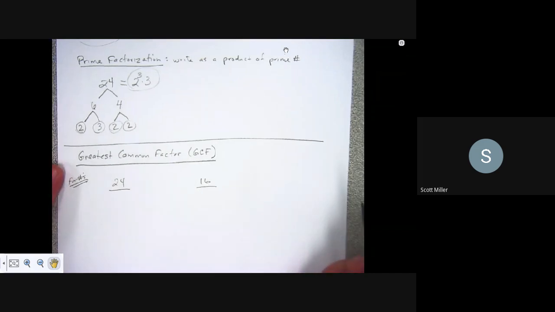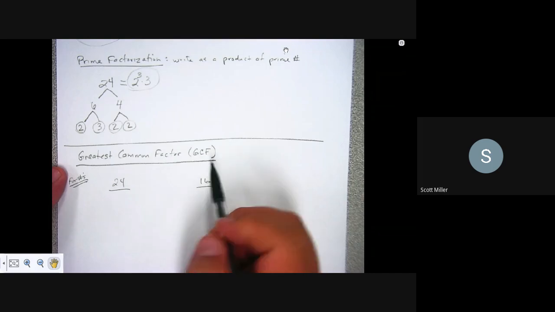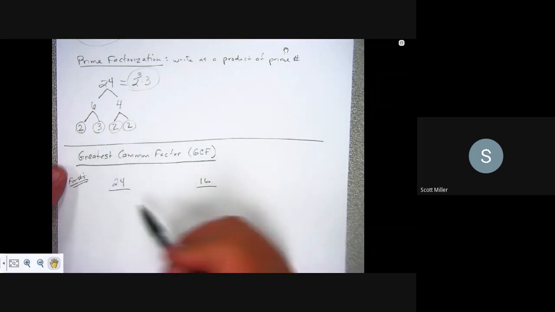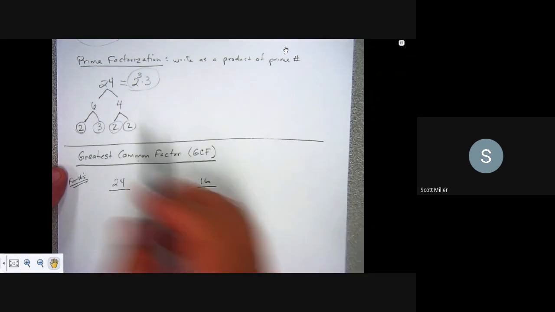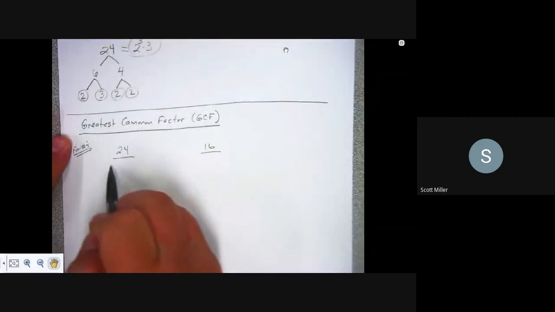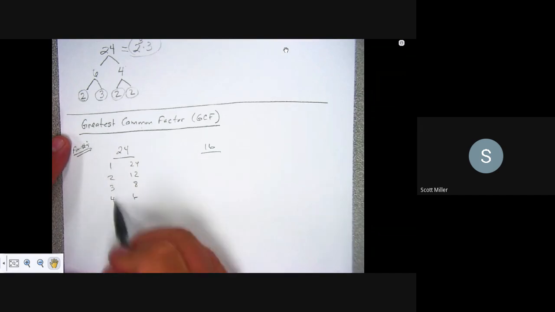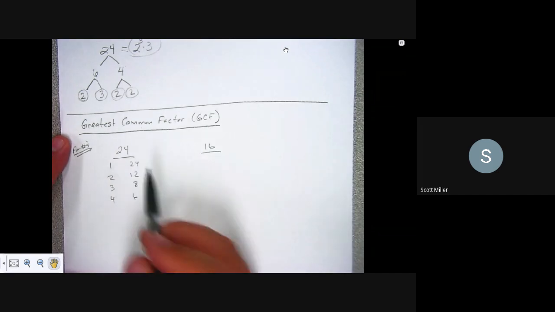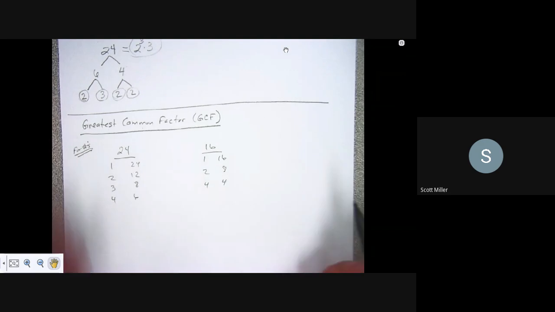So we're looking for the greatest common factor that would go into 24 and into 16. So greatest means the largest, common means it will be in both lists, and a factor means that it is numbers that will go into 24 and 16. So you just do this technique up here. 1 and 24, 2 and 12, 3 and 8, 4 and 6, and that's it. After that, we go back up the line. For 16, 1 and 16, 2 and 8, 4 and 4.